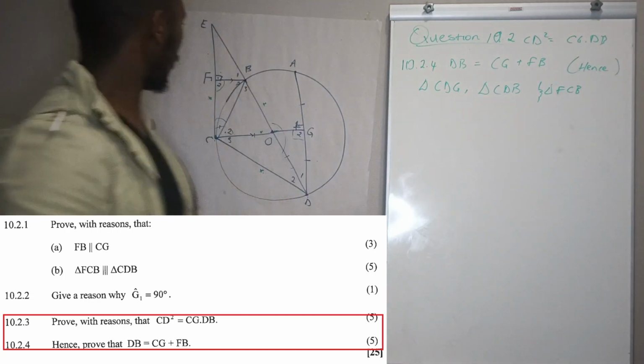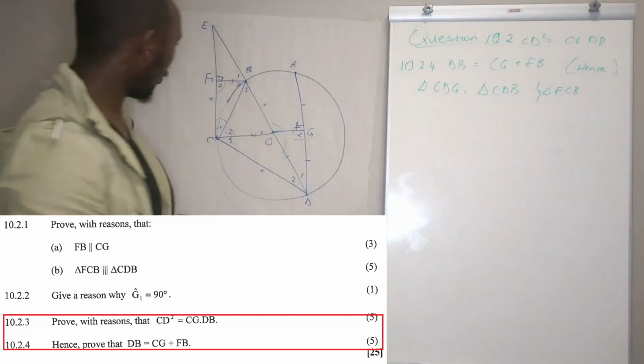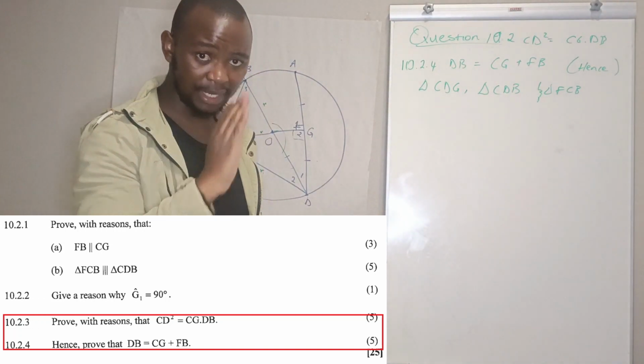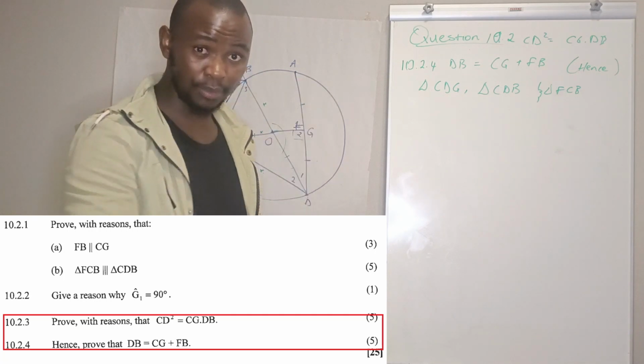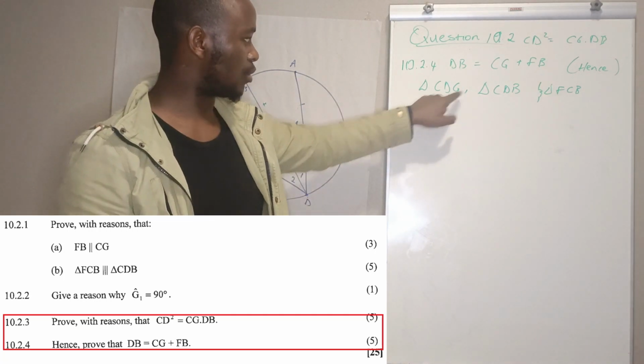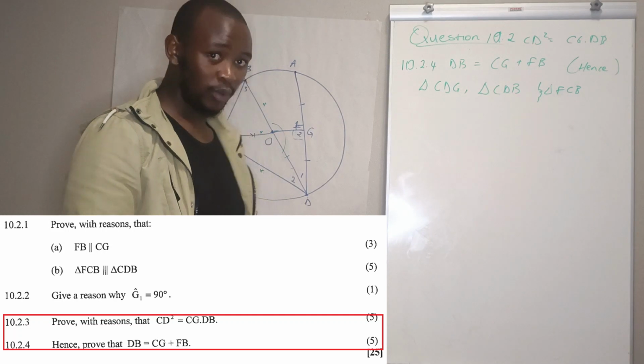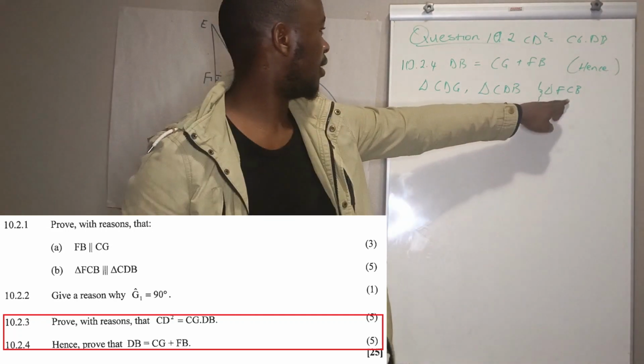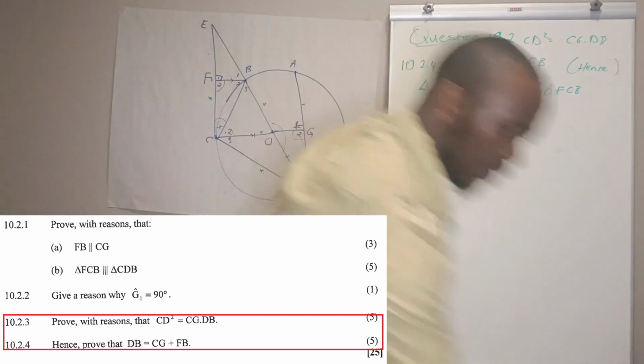Okay. What is important with all these triangles, or what is one similarity you can pinpoint? We already know that these two are similar. We are not sure if this one, let me see if we've proven.